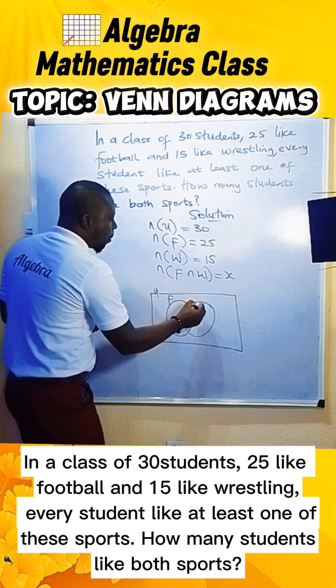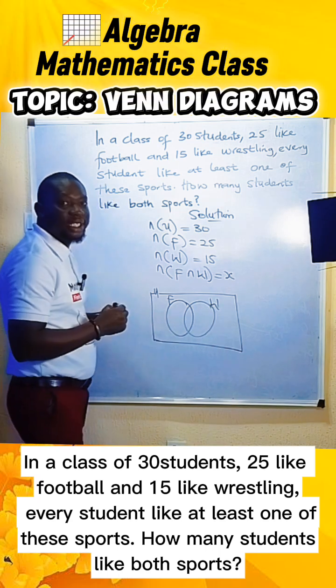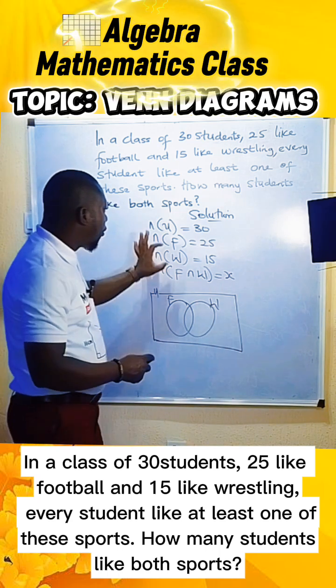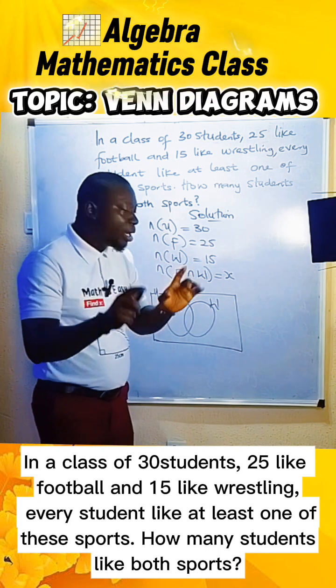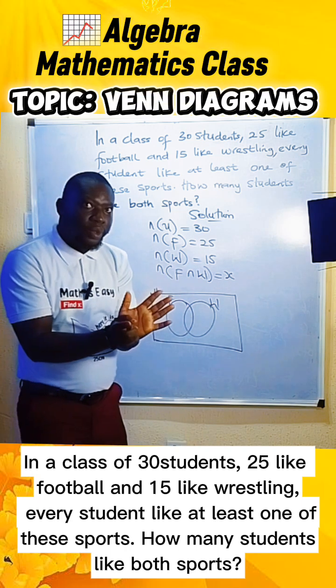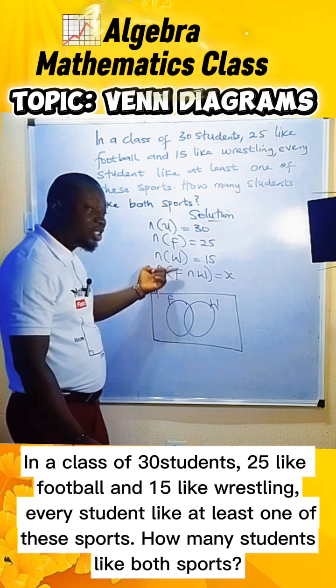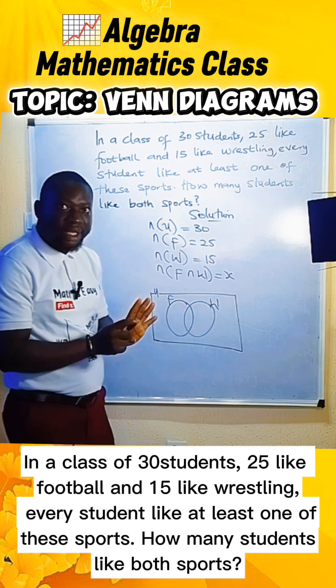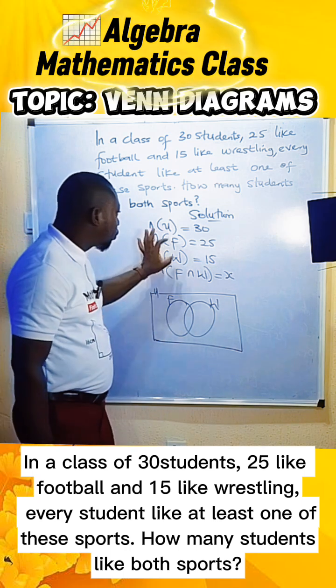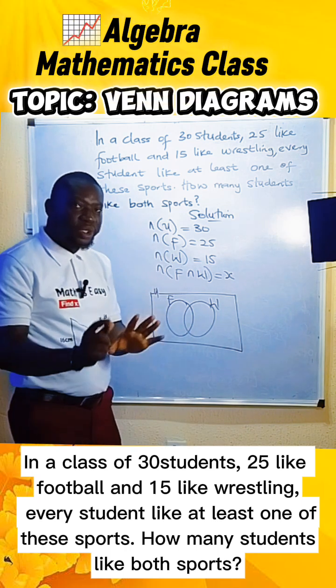This is football and this is wrestling. You see, it's the number of the subsets that determines the number of circles we are going to draw. If we are having three subsets, I'm going to have three circles here. But because it's just two, that's why we have two circles.